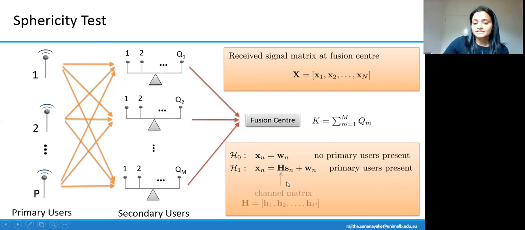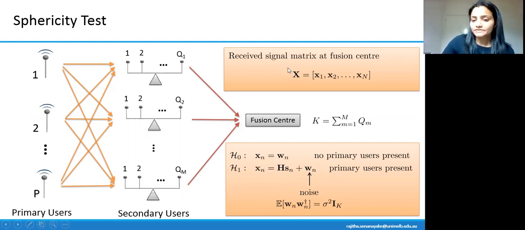This H matrix is the channel matrix between the primary users and the secondary user terminals. It is a K by P matrix. And this Sn is the data vector transmitted by these primary users. And I also get this noise vector. So this is what I receive when there are primary users in the network.